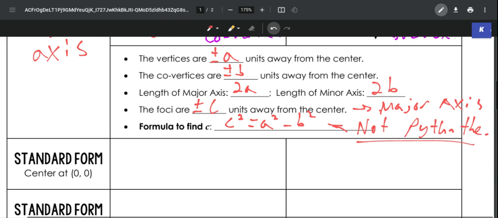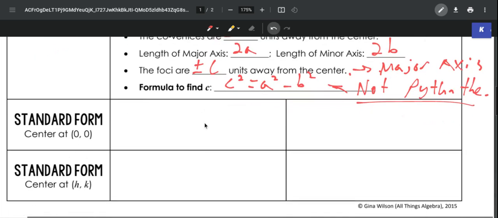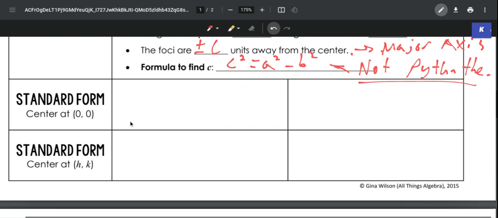You don't really need to know that. That's just a note for you. Don't get that confused. All right, so that's what we'll label our vertices as. That's our co-vertices, length of major axis, length of minor axis, our foci, and then our formula to find C. So now let's look at the standard form of these ellipses.